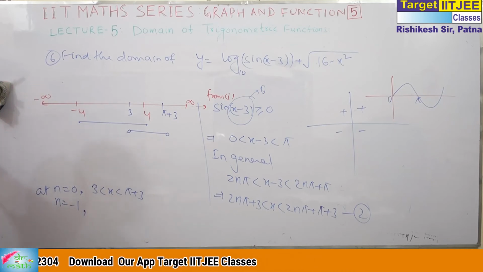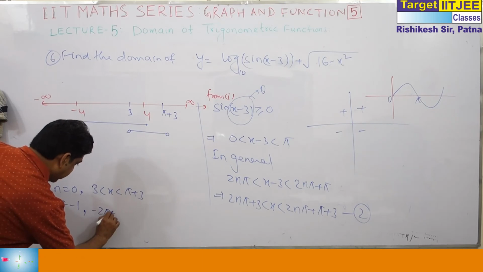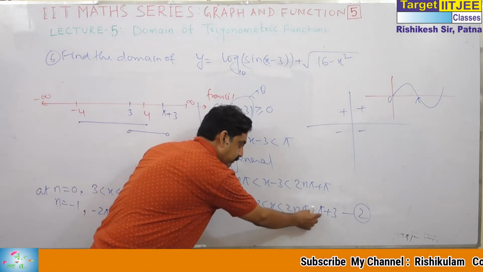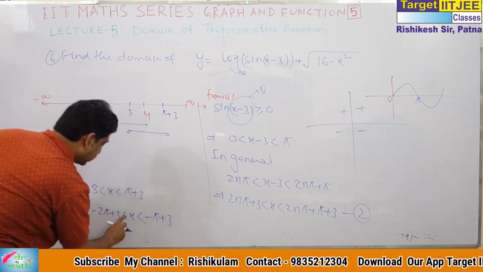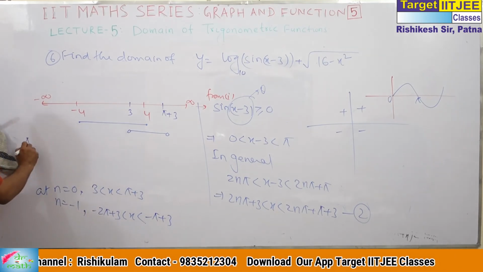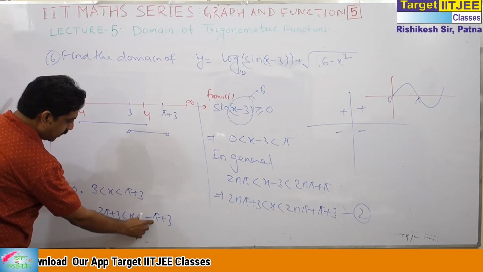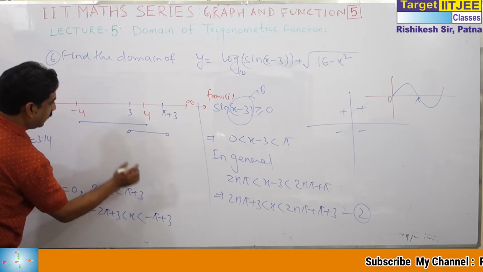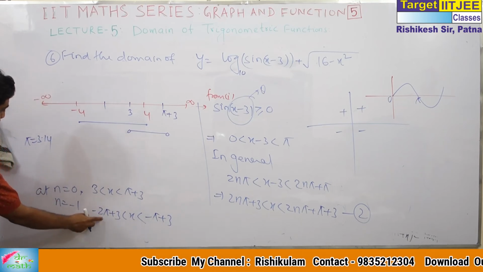What is it at n equal to minus 1? At n equal to minus 1, this is minus 2 pi plus 3 less than x. Minus 2 pi plus pi is minus pi, so minus pi plus 3. To decide the value, take pi as 3.14 approximately.